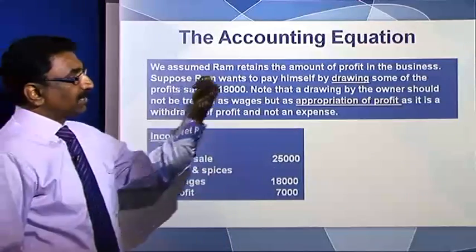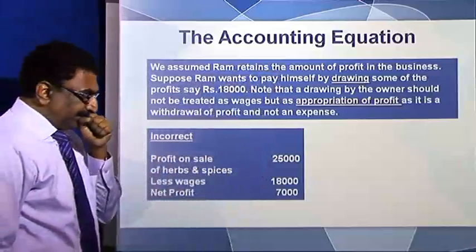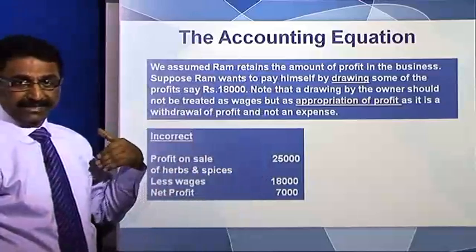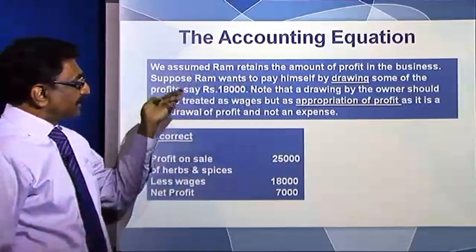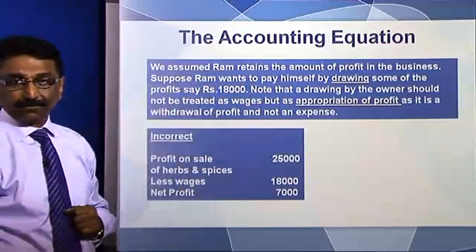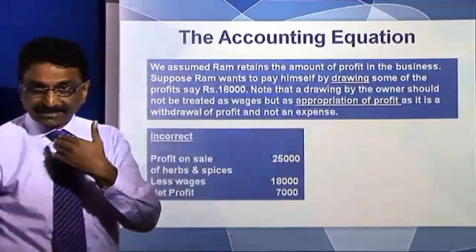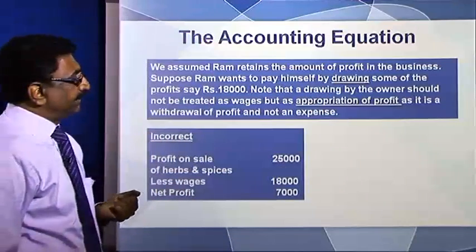We had assumed that Ram has put all the money back into the business, right? That was the case. Then we saw that retained profit was 25,000. Now, assume Ram wants 18,000 rupees for his personal use. It is also called Ram's drawing from his business, 18,000 rupees from the 25,000 rupees profit he had made.